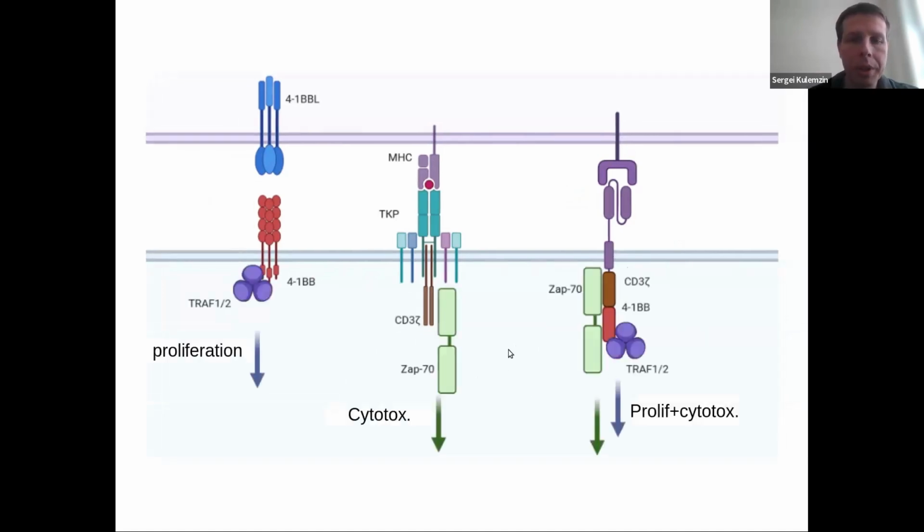So with normal T cell activation after facing a tumor cell, we have separated signaling for cytotoxicity and proliferation. In the case of a CAR T cell, all the signaling events are induced by just a few parts of the chimeric antigen receptor. So which situation is really more beneficial for anti-tumor immunity?